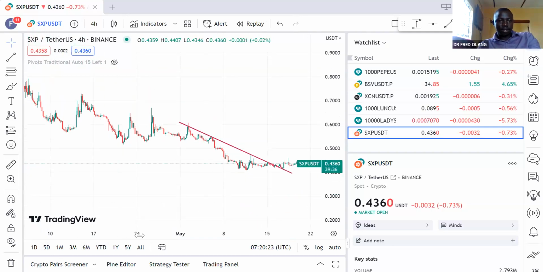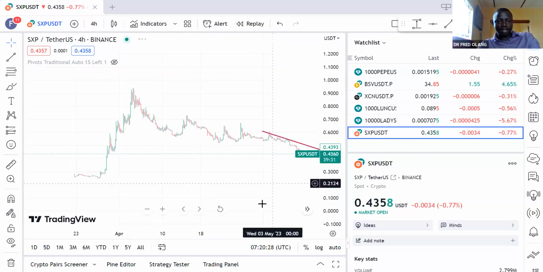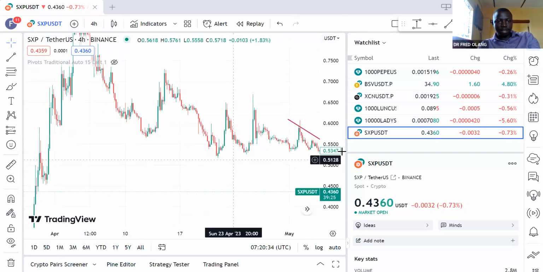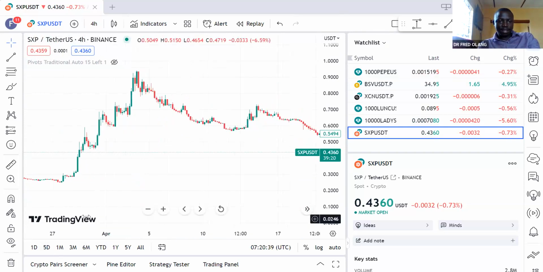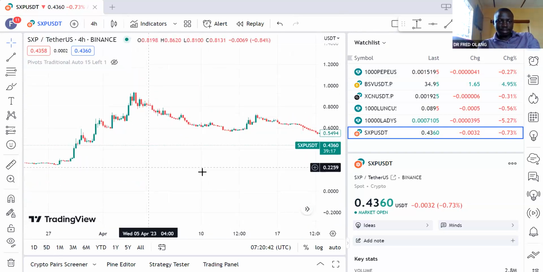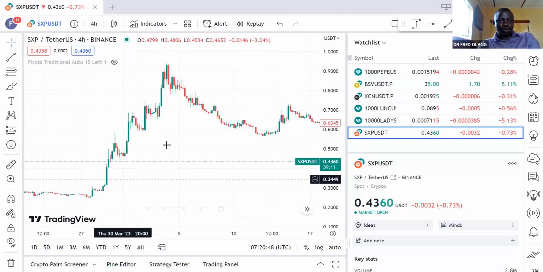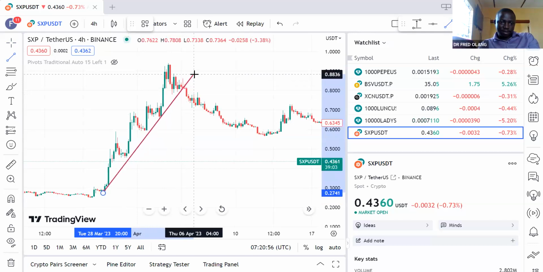Previously, when I go back, you can easily see that this was an uptrend. When I draw my trend line touching those points, this was an uptrend.